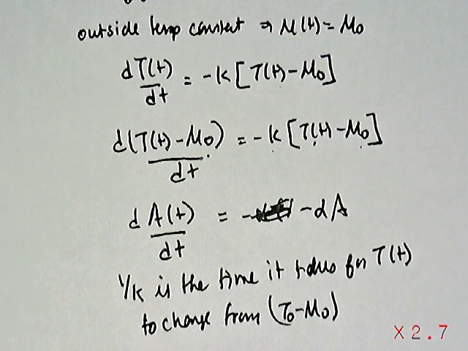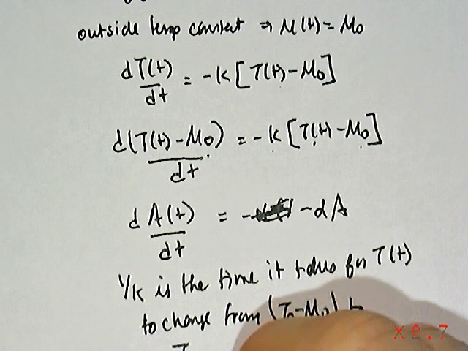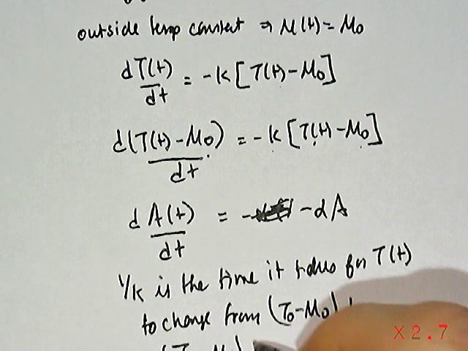So initially your inside temperature is T0, so it'll change from this to T0 minus M0 over e.